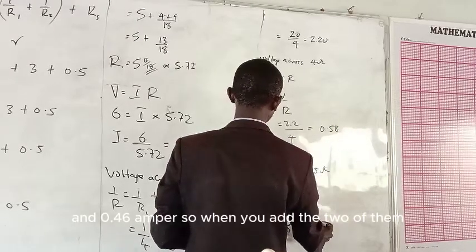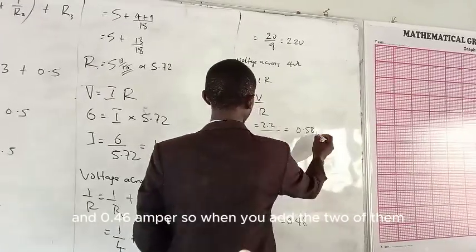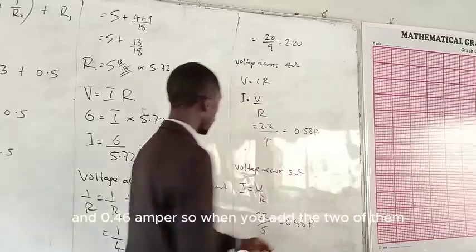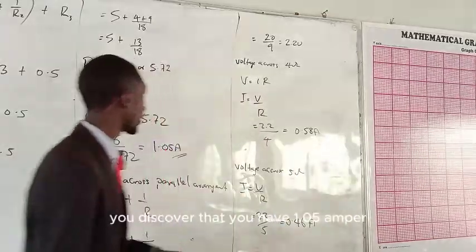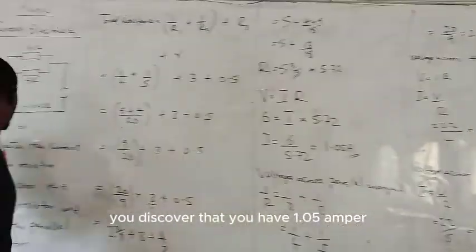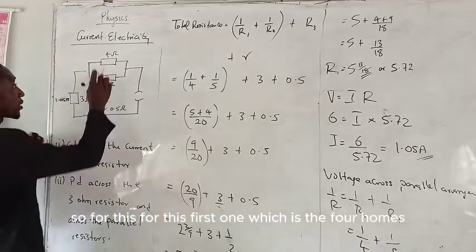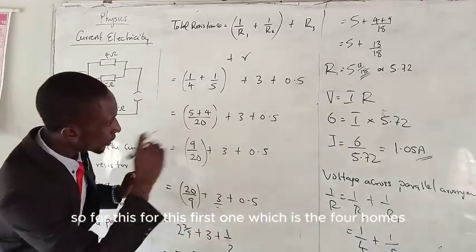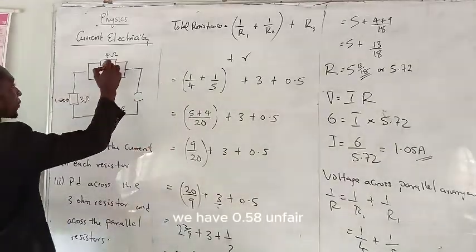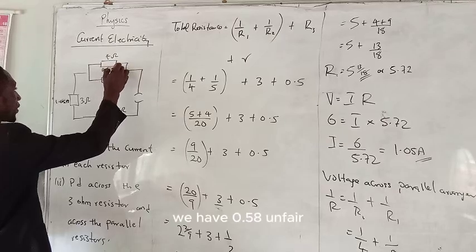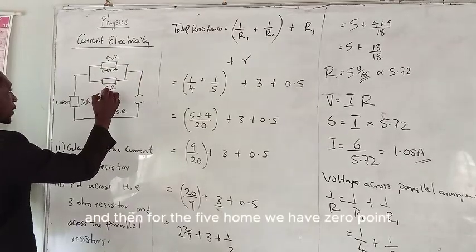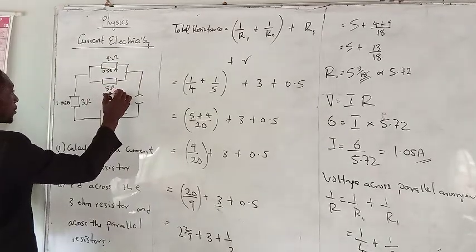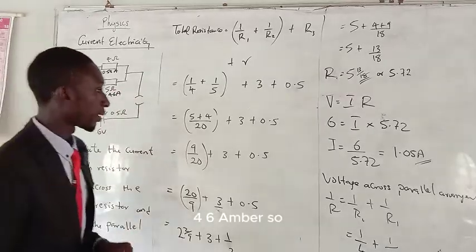and 0.46 ampere. So when you add the two of them, you discover that you have 1.05 ampere. So for the first one, the 4 ohms, we have 0.58 ampere, and for the 5 ohm we have 0.46 ampere.